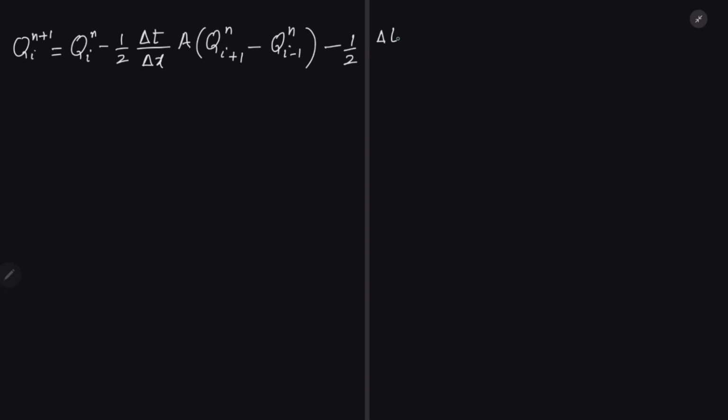After putting these values, we get the method q n plus 1 at I equal to q n i, minus 1 by 2 delta t by delta x of A times q n at I plus 1 minus q n at I minus 1, minus 1 by 2 delta t by delta x, the sum over P from 1 to m of lambda p mod W p at I plus 1 half minus lambda p mod W p at I minus 1 half.